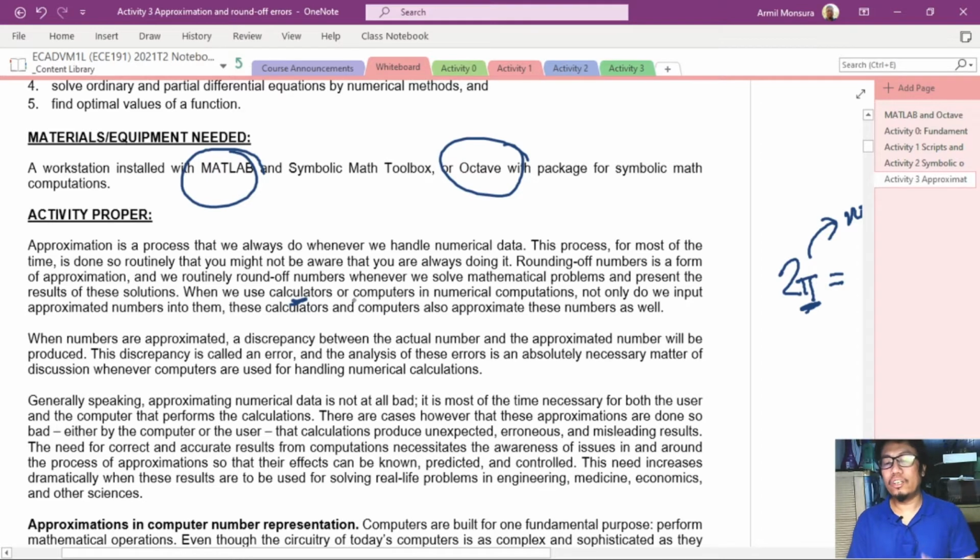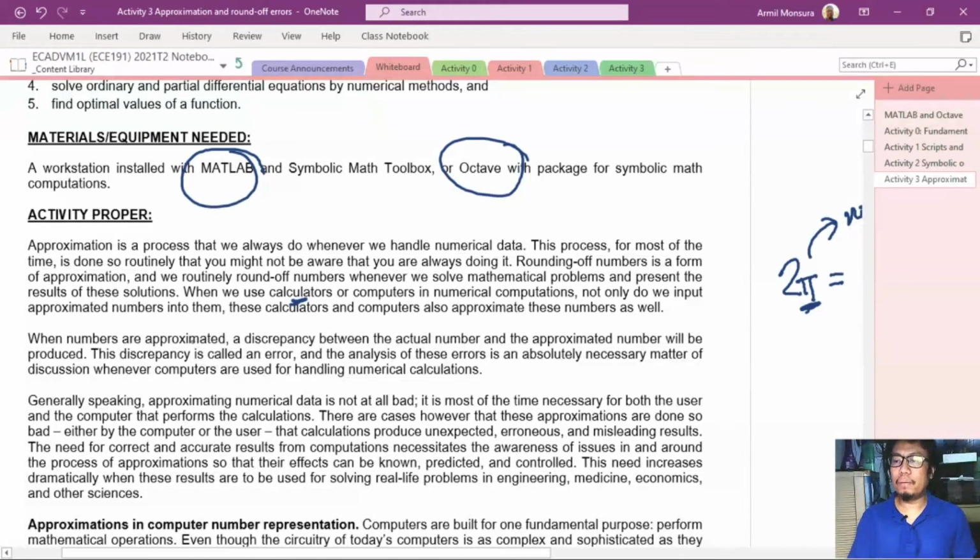As long as you don't report the exact value of a number, that's approximation. Whenever you use a value that you may claim is close to the original value, or shall we say, the exact value, as long as you do that, you are doing approximation.